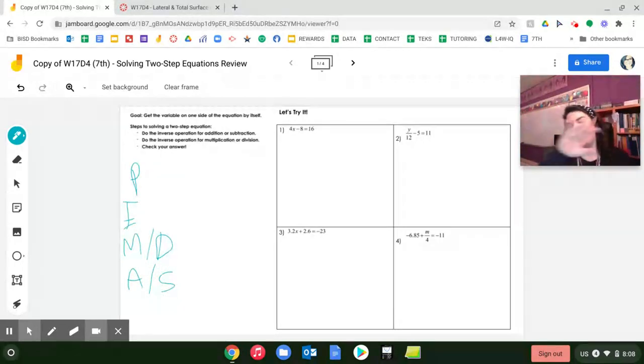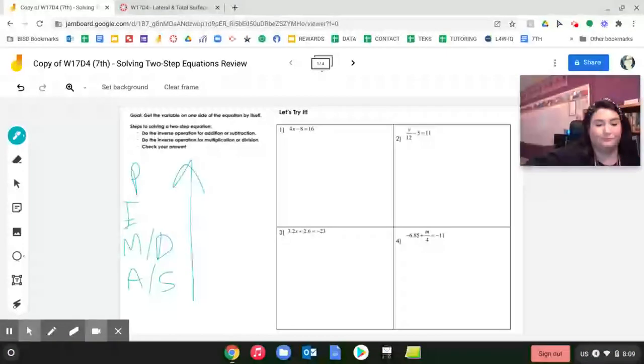So if we have a long expression with no variables, we're simplifying that expression down to one number. That's when we use order of operations, right? However, when we are solving an equation for the value of a variable, we're actually undoing everything that has been done to that variable. So we solve it in reverse order.